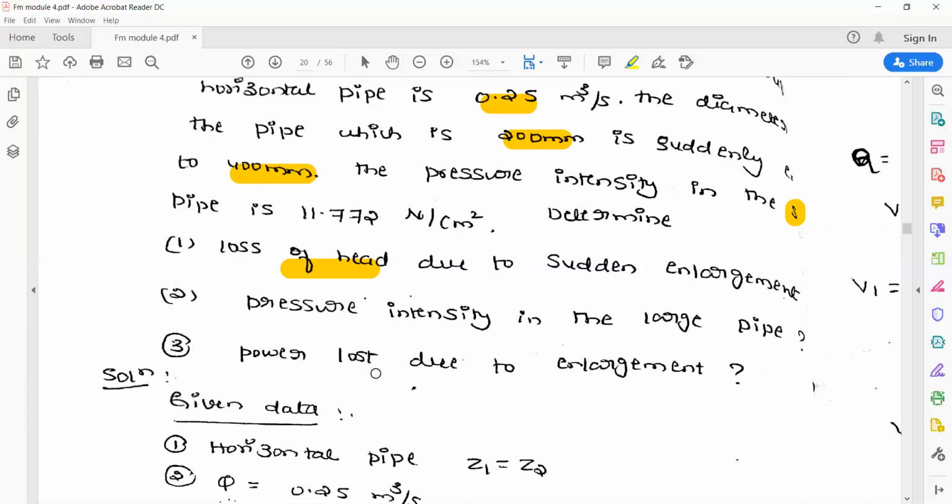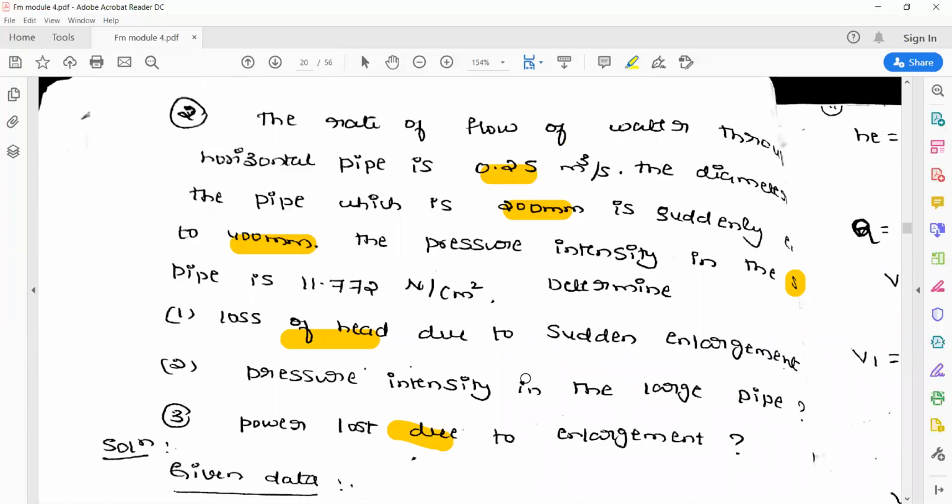And also the power loss due to enlargement. What is the loss of power that takes place when the fluid enters from the smaller pipe to the larger pipe? That one also you need to calculate. So by making use of these data, you'll have to calculate He, P2 and power loss.